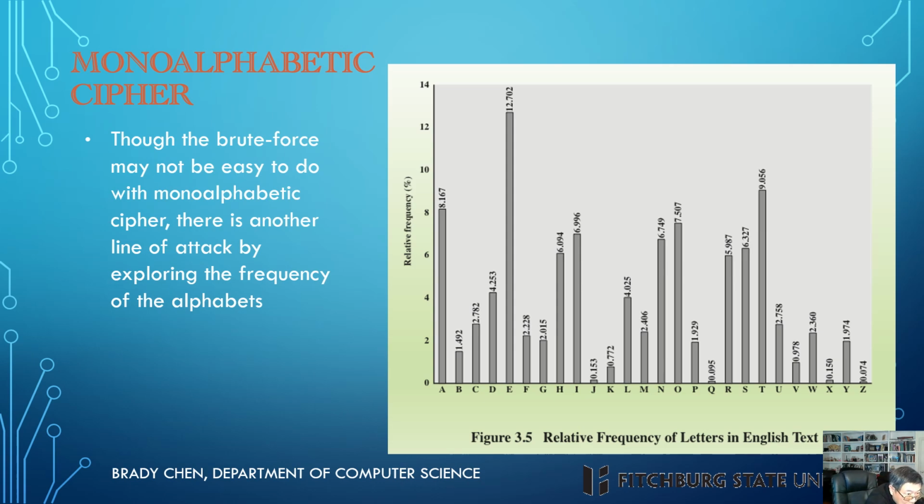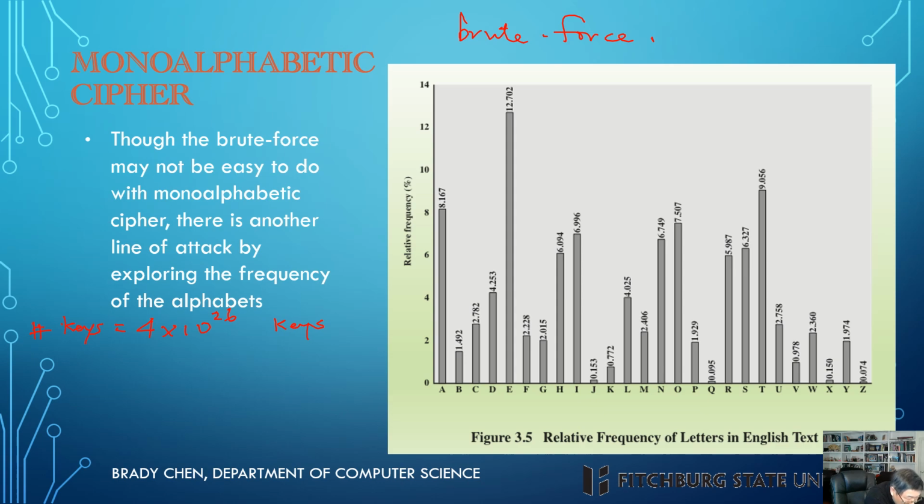Suppose I use the brute force attack. If I actually try to perform the attack, remember the total number of keys for the monoalphabetic cipher is 4 times 10 to the 26. That's the total number of keys.